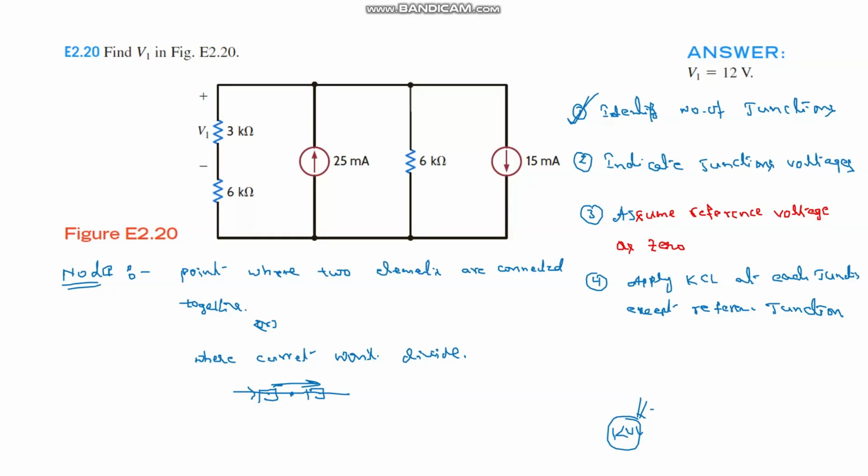And a junction is a point or node, a connecting point, where more than two elements are connected together.